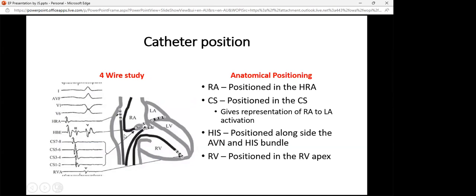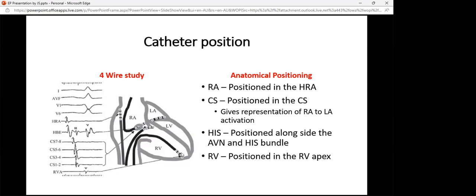Just so everyone can see what he means by the distal tip of the CS catheter and the activation orientation. You see the CS catheter coming in here. Our proximal CS catheter is located here in the right atrium at the CS ostium, the opening of the coronary sinus. Our CS distal 1-2 is located all the way around on the left lateral part of the left atrium, this left free wall of the mitral annulus. So this whole catheter spans from the right side all the way across to the left.